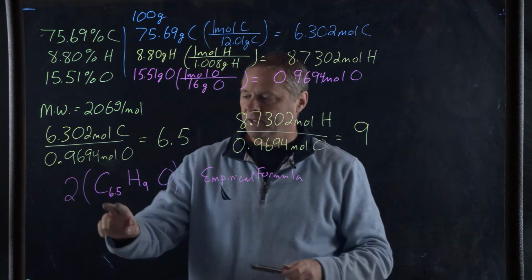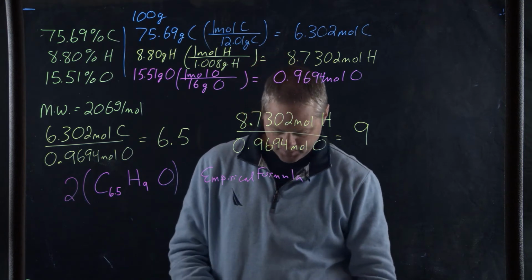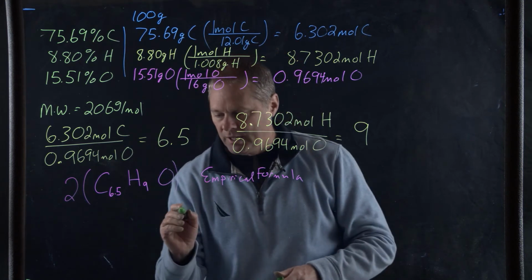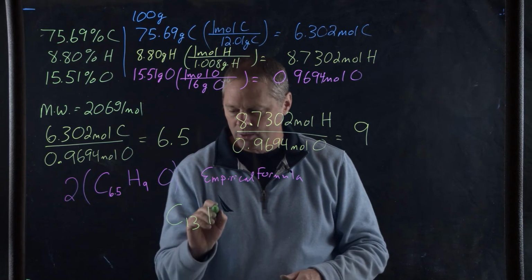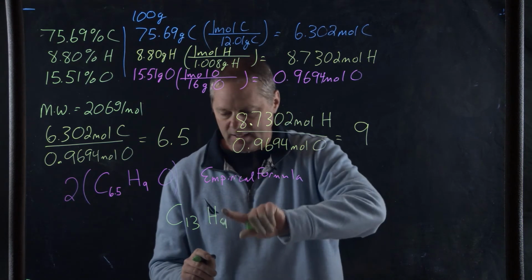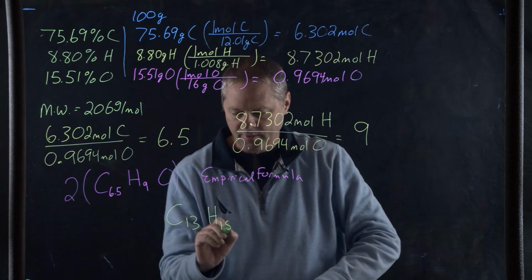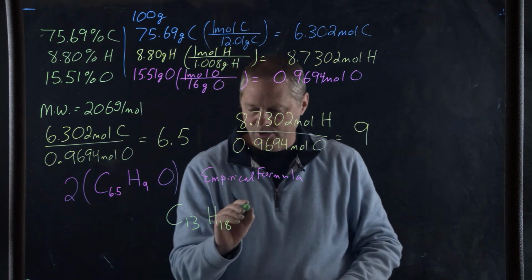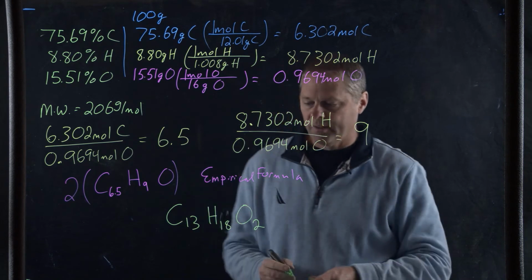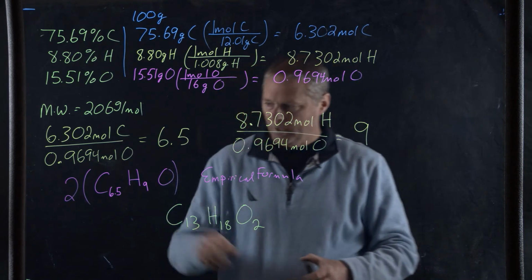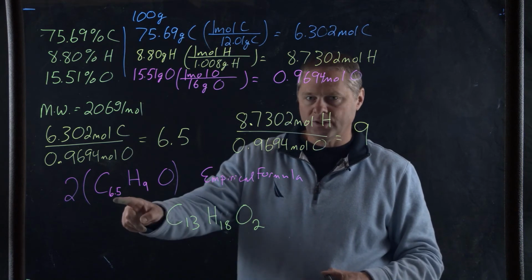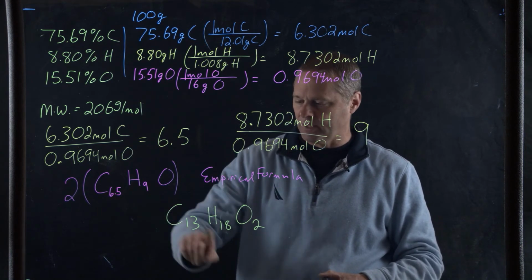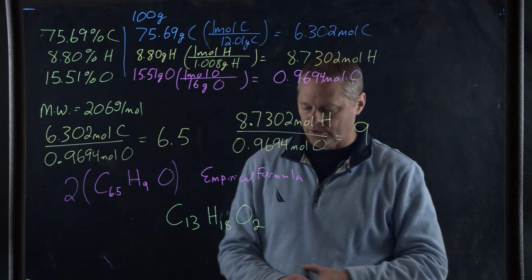So we get C 13. 2 times 6.5 is 13, 2 times 9 is 18, and 2 times 1 is 2.